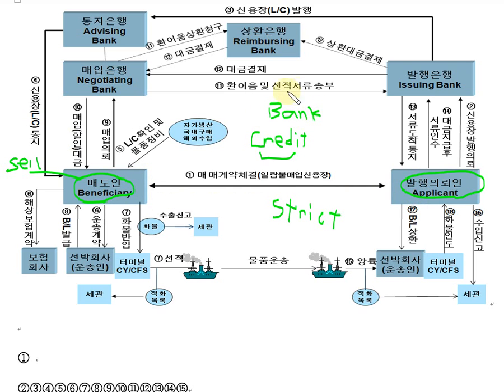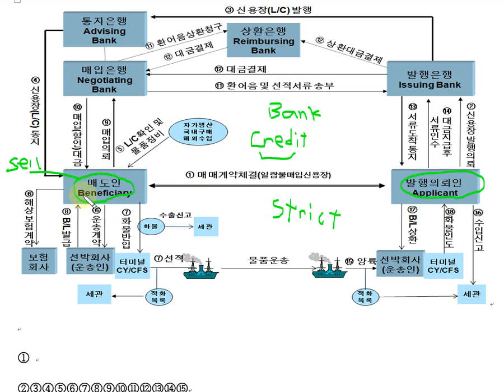So the bank will pay for the product in advance instead of the applicant, instead of the buyer. But the seller should follow strictly the request of the buyer. What request? The request written in the letter of credit. Understand?